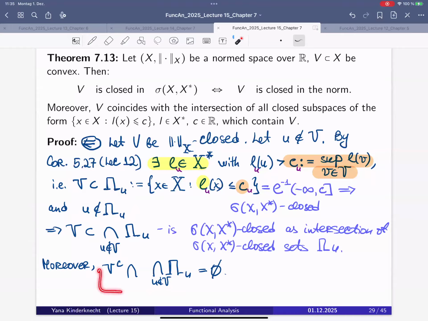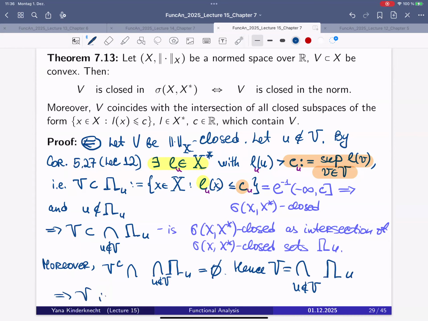Okay, so is it clear? Okay, but this means that my V is exactly this intersection, not only a subset, but exactly that. And hence V is sigma x star closed.